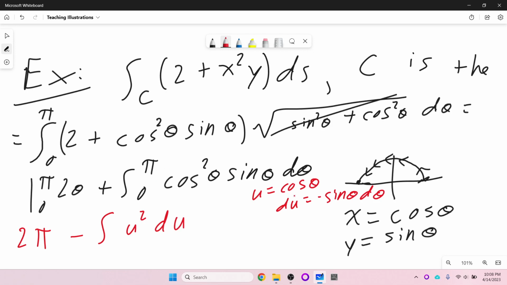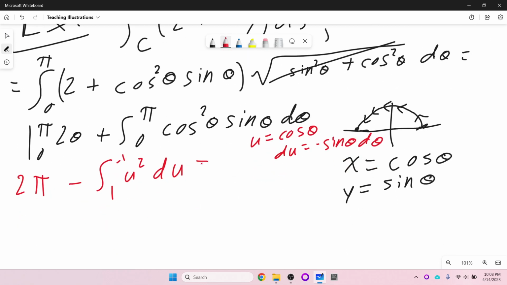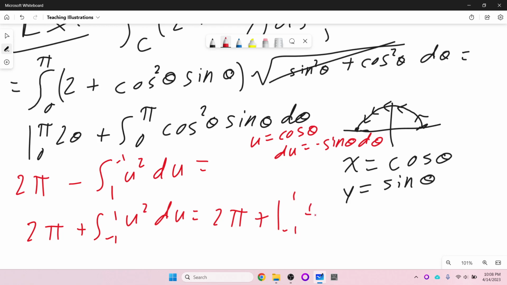Theta goes from 0 to pi, so then u would go from 1 to negative 1. And this should be pretty straightforward at this point. 2 pi plus the integral from negative 1 to 1 of u squared du is 2 pi plus the evaluation from negative 1 to 1 of 1/3 u to the third, which is 2 pi plus 2 over 3. So that's our answer.